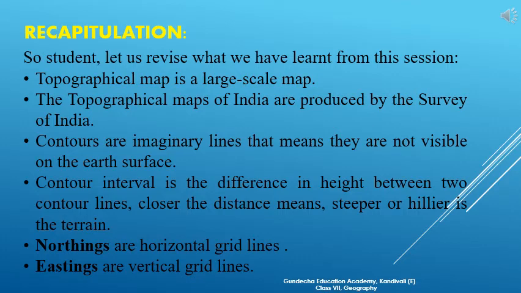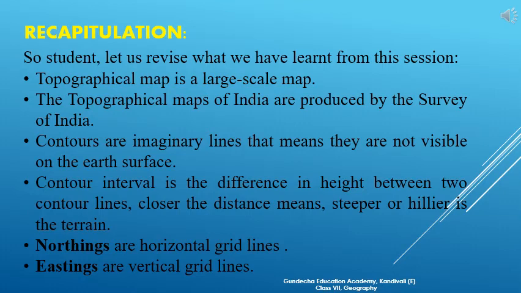So students, let us revise what we have learned from this session. Topographical map is a large-scale map. The topographical maps of India are produced by the Survey of India.